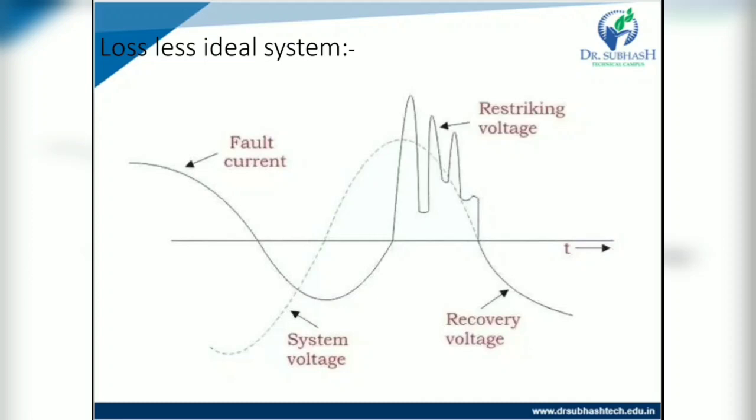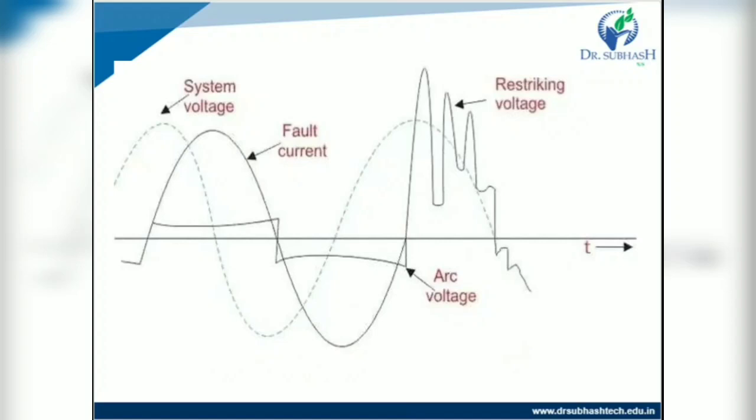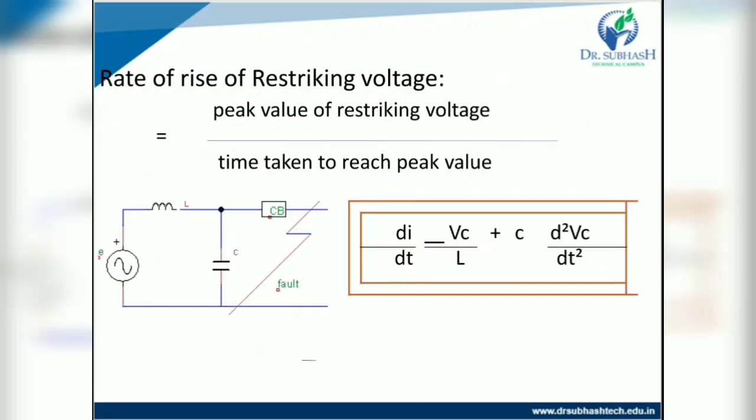Now let's take arc voltage. The first dotted waveform is the system voltage and the continuous waveform is the fault current. In that, the arc is produced, and after the arc voltage comes the restriking voltage.